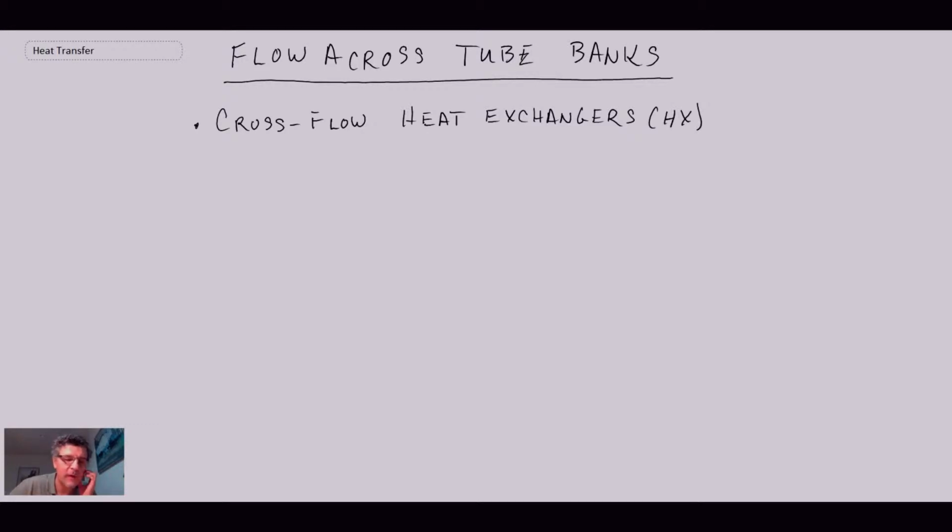It turns out that when you're looking at tube bundles or tube banks, there are two different types of configurations that you can have. You can have a case where the tubes are aligned, or you can have staggered. So let me just draw it out, and that will help illustrate the difference between one and the other.